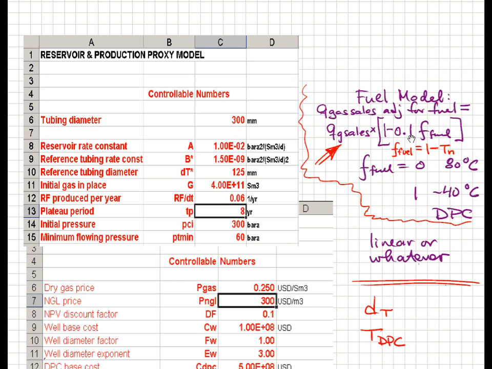Let's see, point one. Gas sales. Why did I put point one in here? Oh, that was just a number that said that it would take up to a maximum of 10% fuel of gas to, yeah.